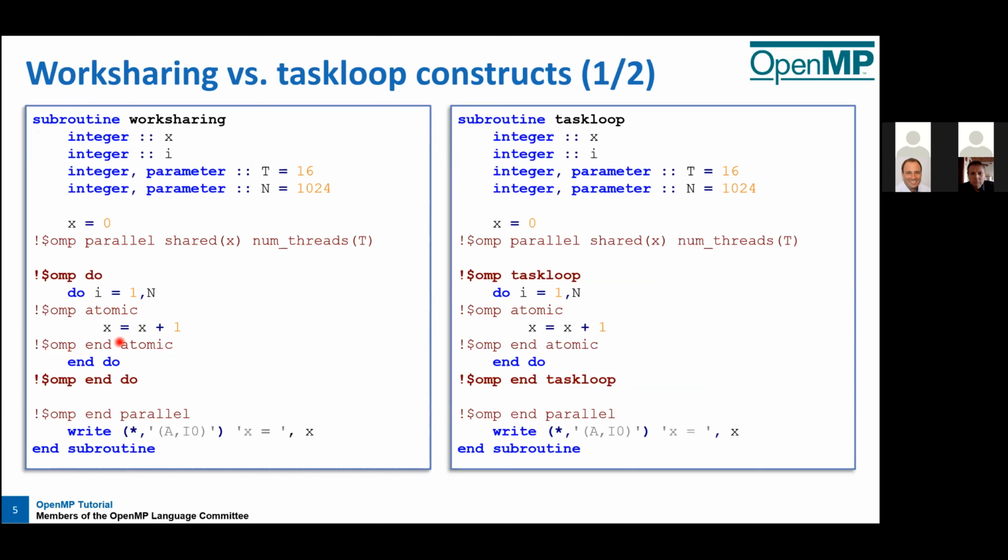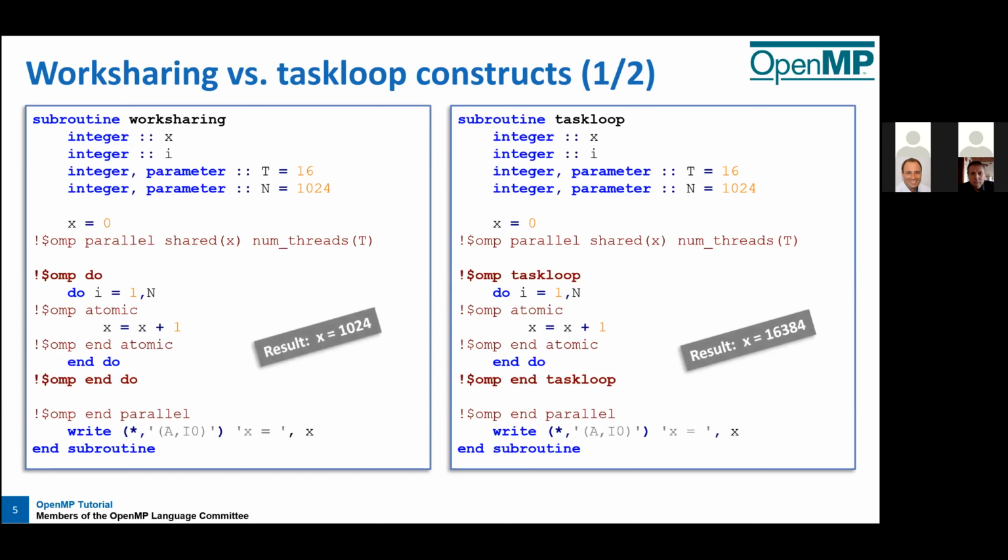We just count how many iterations have been executed. So if n is 1024 and we have 16 threads, what we assume is that each of the 16 threads gets 1/16 of the loop iteration space, runs that loop chunk, and so that counter should be 1024 in the end, right?